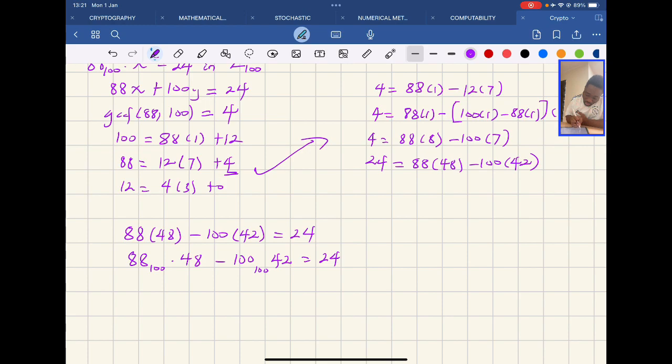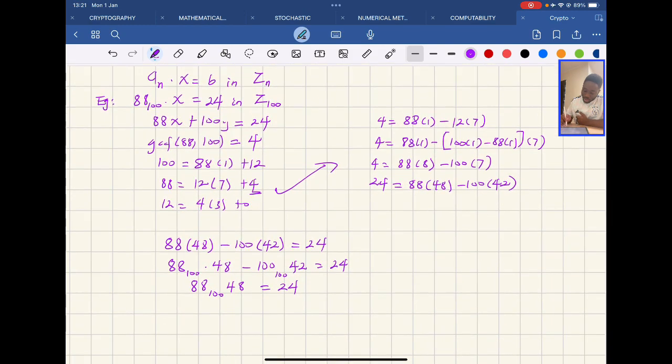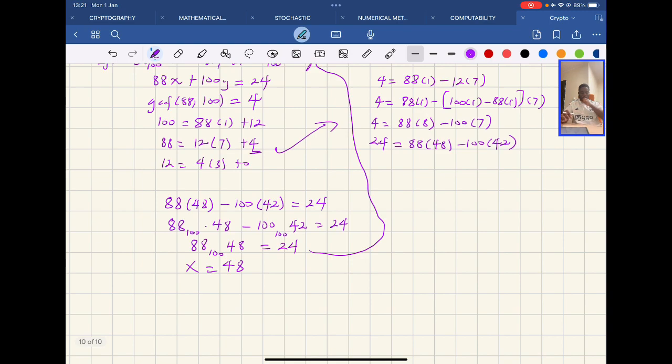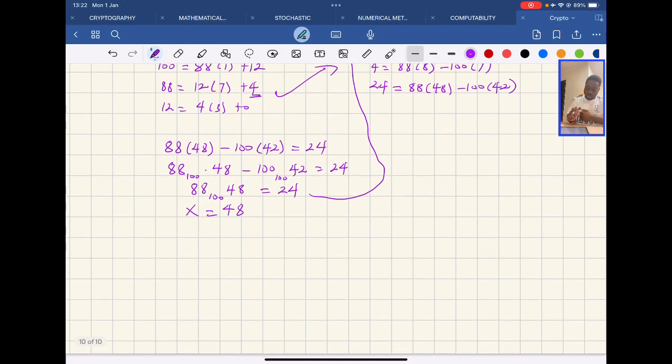So we are going to get 88 times 48 modulo 100, and this is equal to 24. So if you compare this with the equation that was given over here, we can see that x is equal to 48. Do you now understand?